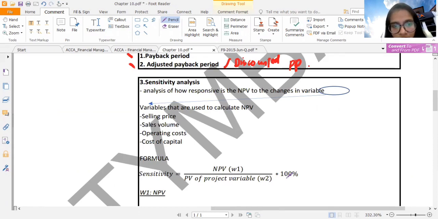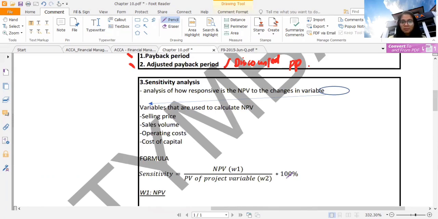Now, when you talk about sensitivity analysis, what is sensitivity analysis? How do I calculate sensitivity analysis? Sensitivity analysis, you are actually calculating how sensitive is a variable to the NPV of a project. How sensitive is the NPV to a variable of the project?